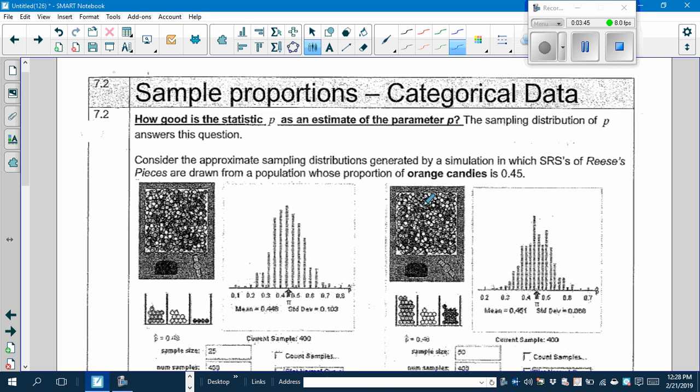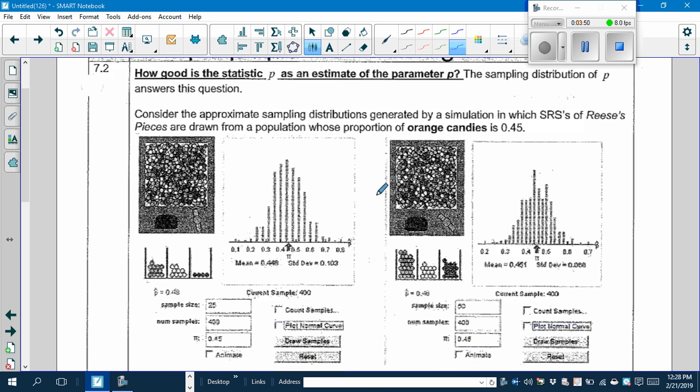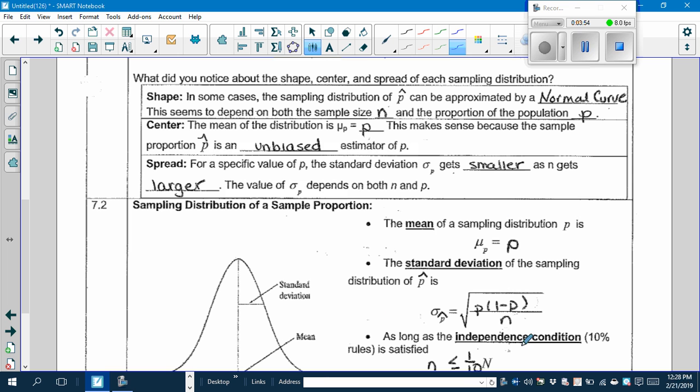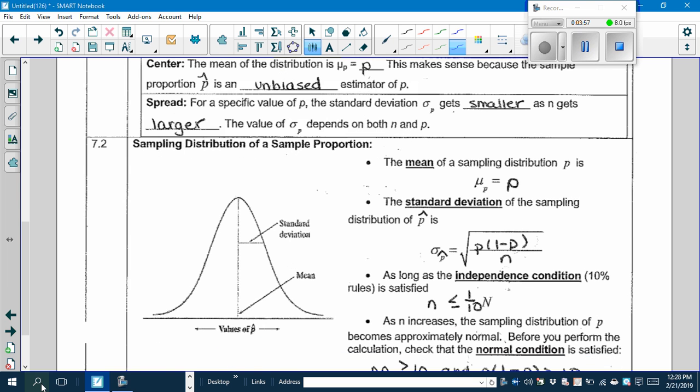So then we talked about sample proportions with categorical data. We talked about using the population parameter p. And whenever you do this, here's your mean and standard deviation. Remember, this is going to be given to you. Okay, I'll make sure I put this up on the board as well. The only time we can use this, though, is if the independence condition is satisfied, which means the sample size is less than 10% of the actual population, okay?